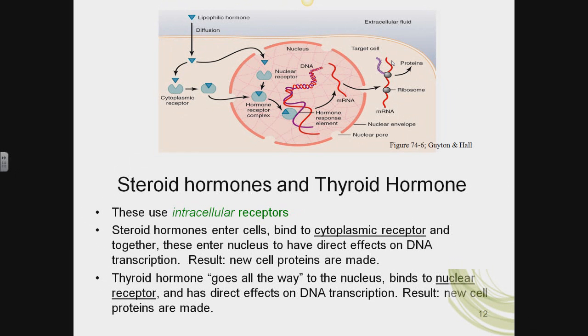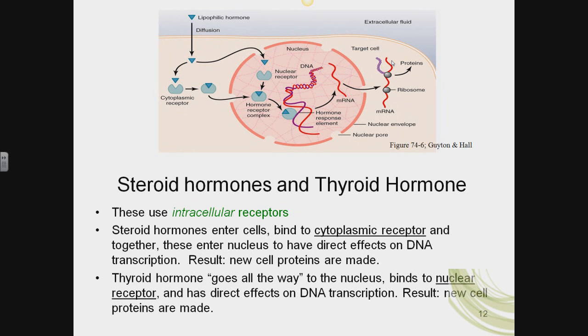The reason that it behaves like a steroid hormone is because of its chemistry. It has this benzyl ring. And to make things even more interesting, when we make a thyroid hormone proper, we actually take two tyrosine residues and link them together. So it almost looks like you have half of a cholesterol molecule.